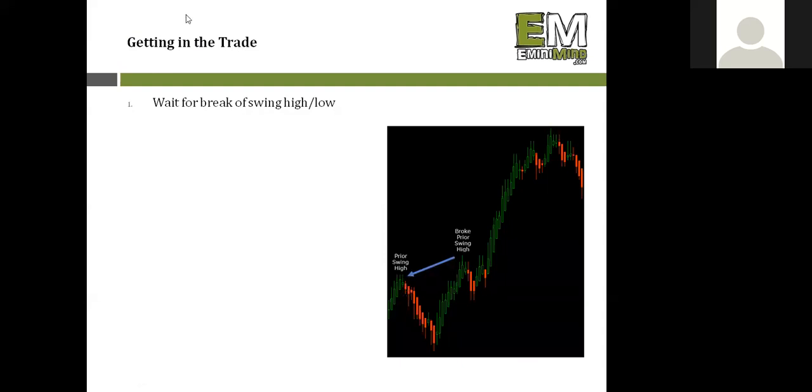So if we just pretend the market's coming down, down, down, and then we get this new swing high where we break the prior high, now all of a sudden that series of lower high, lower low, lower high, lower low is broken. And we're at the early stages of a new uptrend. Now, we don't know if it's going to last for 5 minutes or 5 hours, but that's the very first early stage.